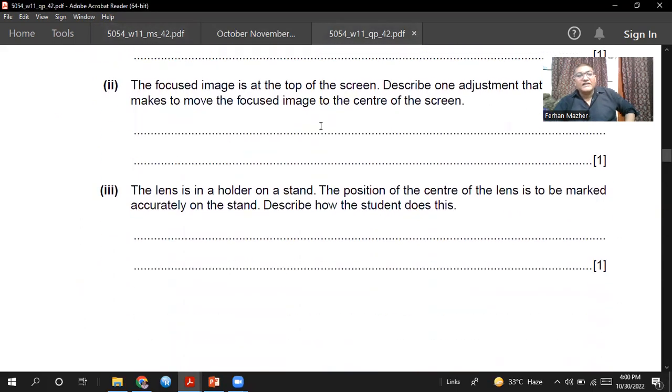Then the third part: the lens is in a holder on a stand. The position of the center of the lens is to be marked accurately on the stand. Describe how the student does this. What you can do is measure the length of the edge of the stand which is along the meter rule, and then divide that length by 2.